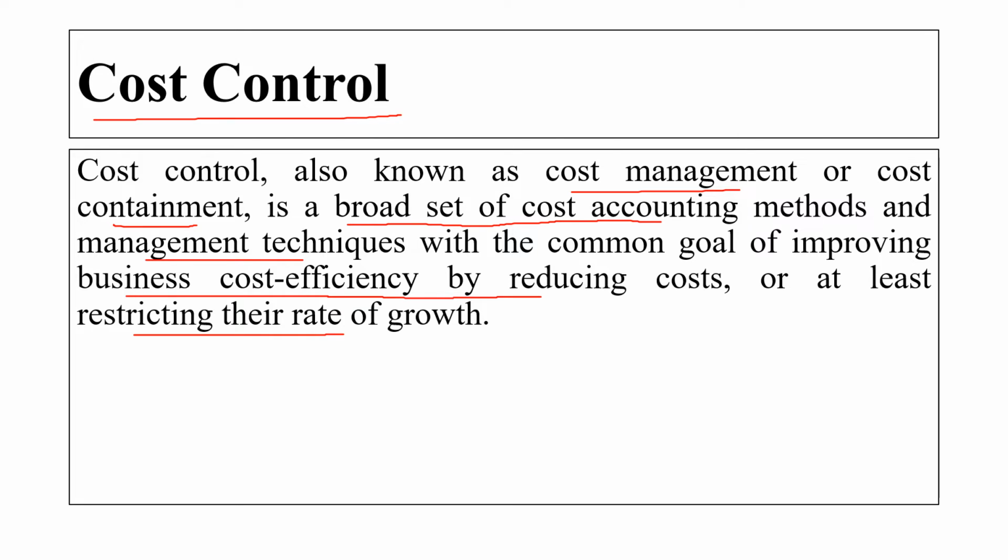They want to control the cost, and because of that we are using the cost management technique, where we are trying to restrict the rate of growth of the cost. The business uses the cost control method to monitor, evaluate and ultimately enhance the efficiency of a specific area, such as a department, division or product line within their operation.